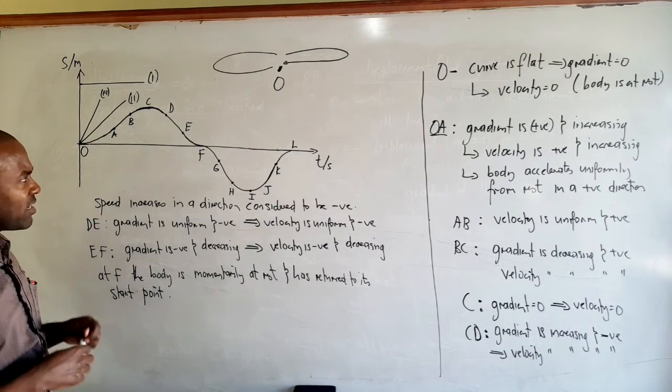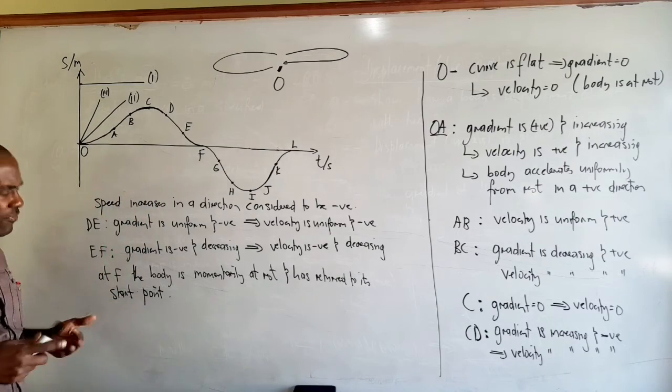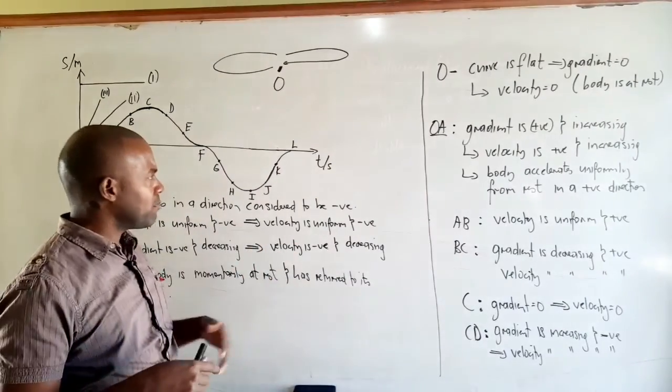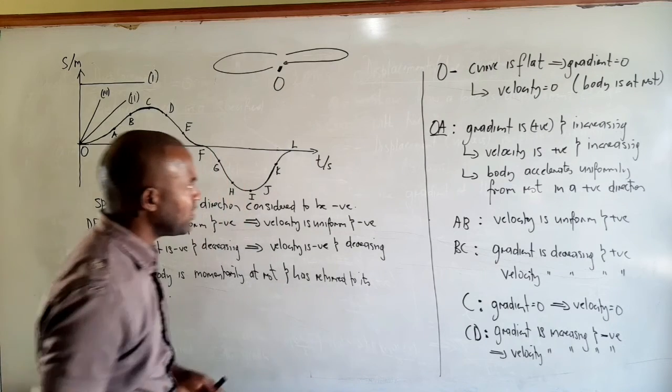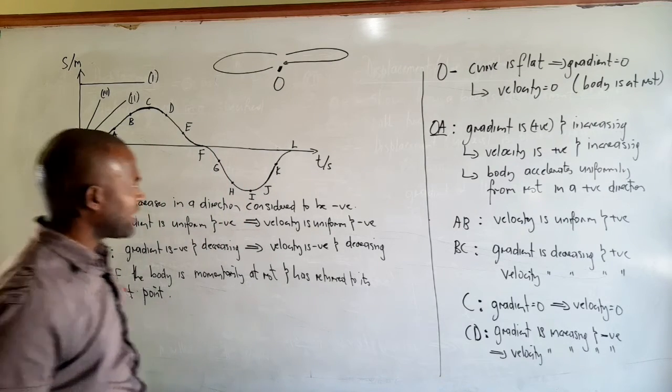So because we basically analyze similar portions of the graph, we will do the same, but we will not do it in such great detail as we would have before. So let's look at FG.